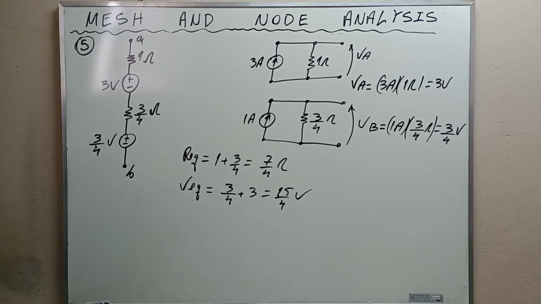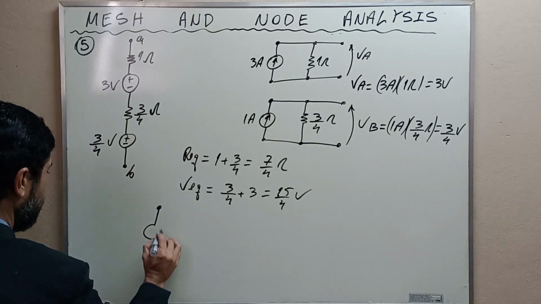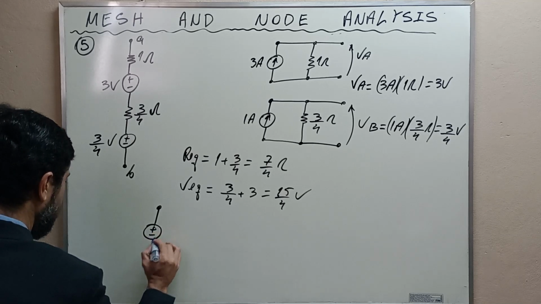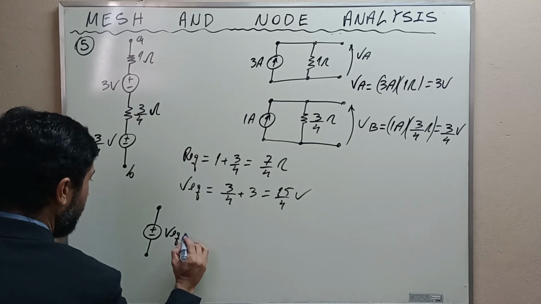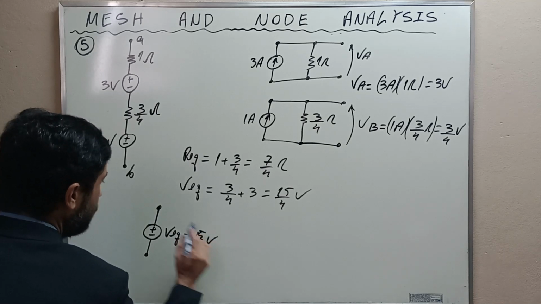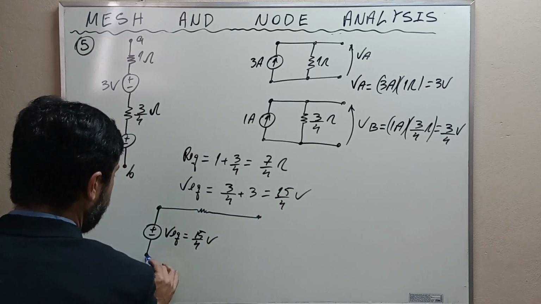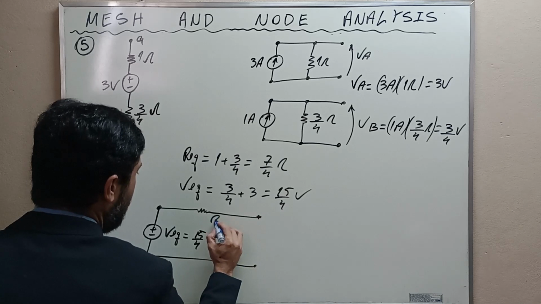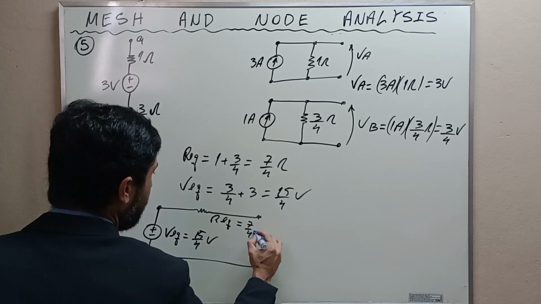then the final circuit is this: plus minus V equivalent, which is equal to 15/4 volts, and this is R equivalent, which is equal to 7/4 ohms.